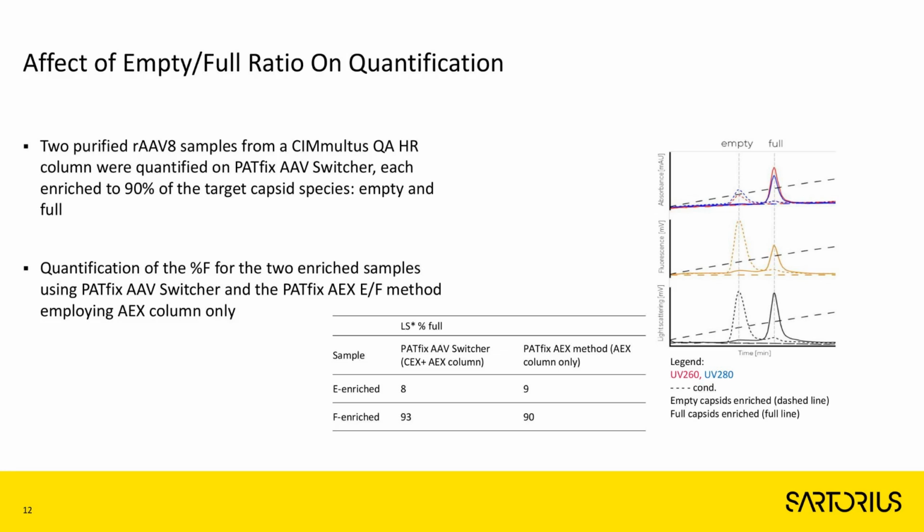In both cases, the recovery that we observed in the chromatogram closely matched the expected ratio between the full and empty capsids, as you can see in the table in the middle. On the right, you can see the detector responses from the empty capsids and from the full capsids, with the empty capsid sample in the dotted lines and the full capsid sample in the solid lines.